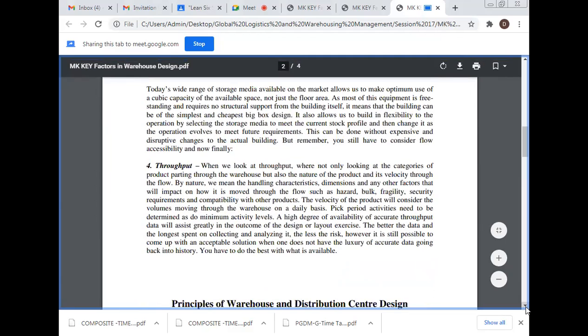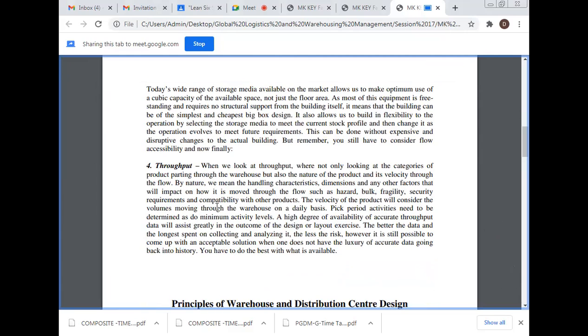Throughput. When we look at the throughput, we are not only looking at the category of the product passing through the warehouse, but also the nature of the product and its velocity through the flow. By nature, we mean the handling characteristics, dimension, and any other factors that will impact how it is moved through the flow, such as hazard, bulk, fragility, security requirement, and compatibility with other products.